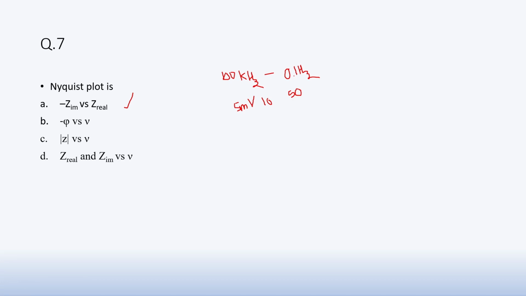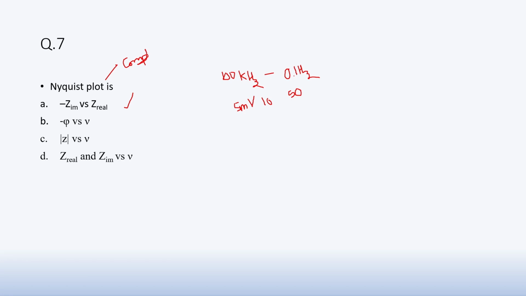When you apply the frequency, you will get a plot, which can be minus Z imaginary versus Z real, the impedance part. That one you call the Nyquist plot, or it has another name, which is complex plane plot.